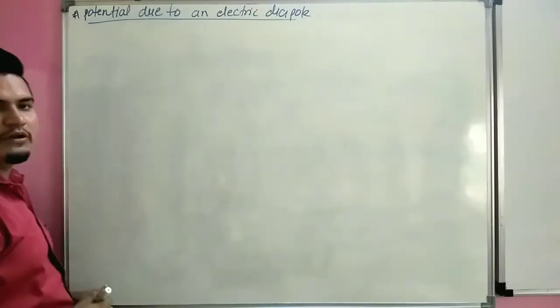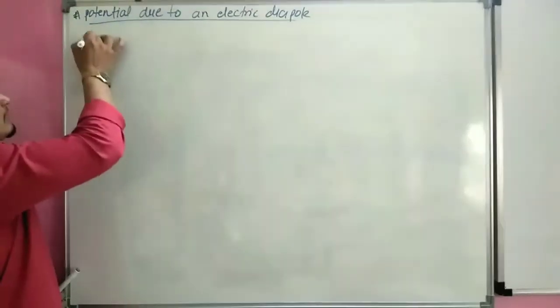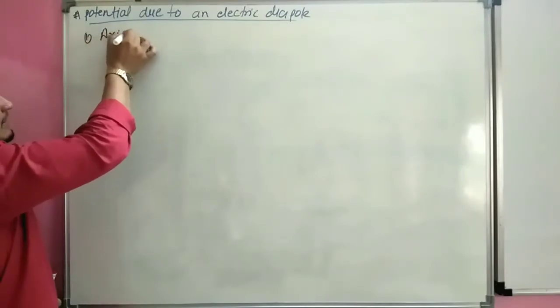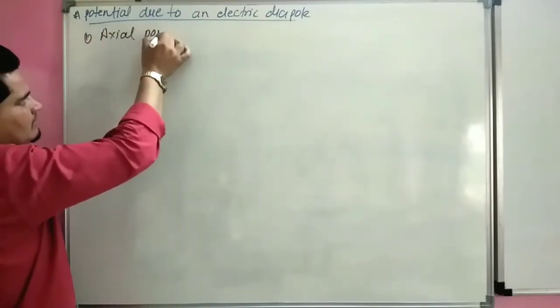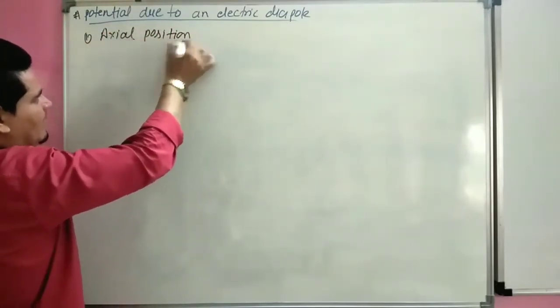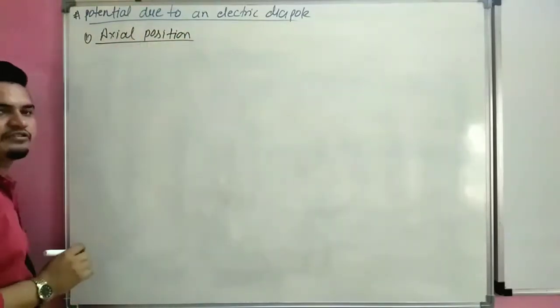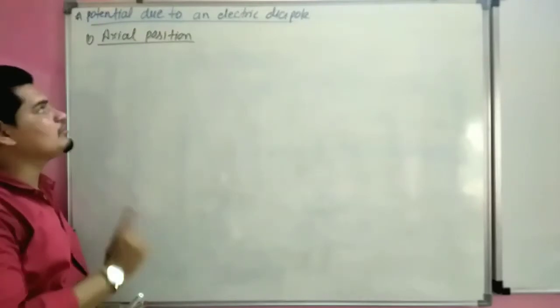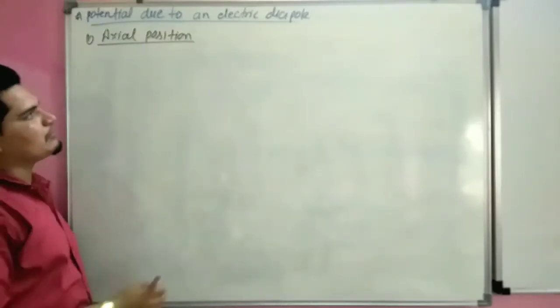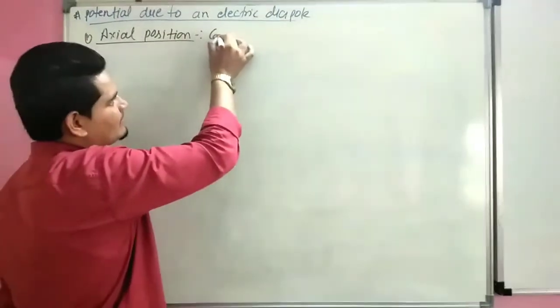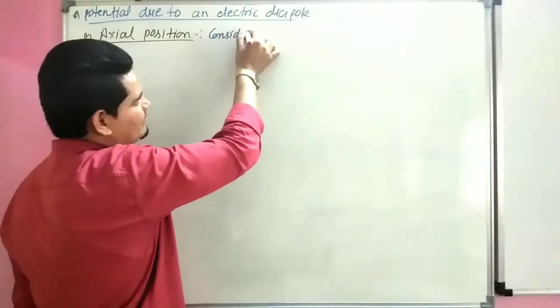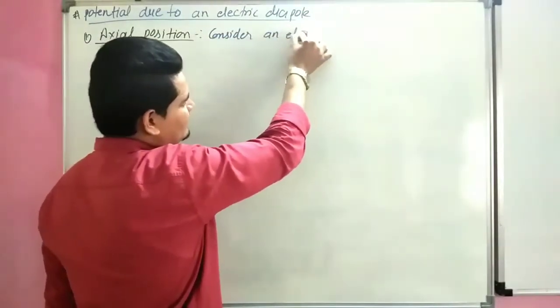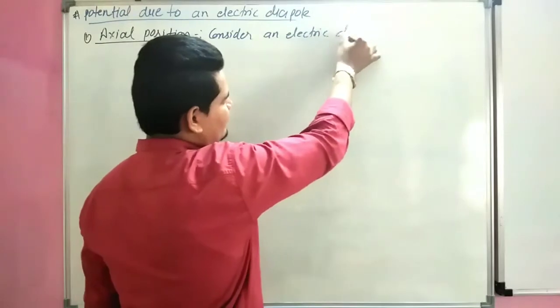There are two positions: first is axial position and second is equatorial position. We are going to calculate electric potential due to the axial position. So consider an electric dipole.